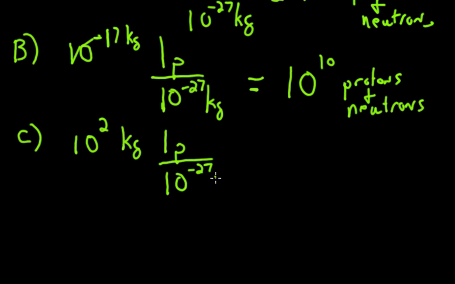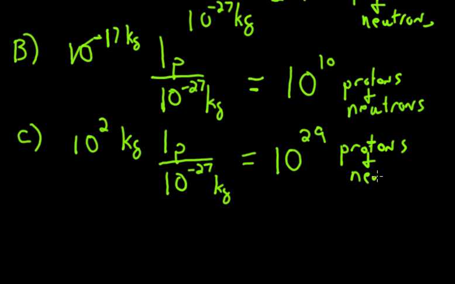P stands for my particles, but I get to use my rules of exponents. So 2 minus 27 gives us 10 to the 29th protons and neutrons. So we're actually starting to get above a mole. Starting to get a large quantity of protons and neutrons.